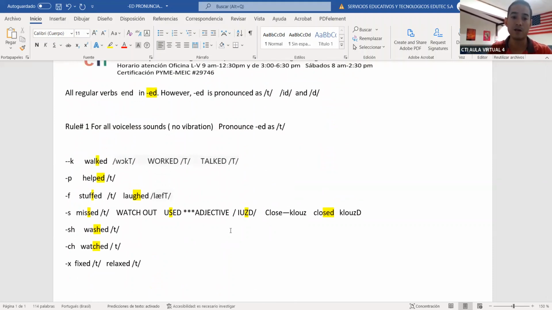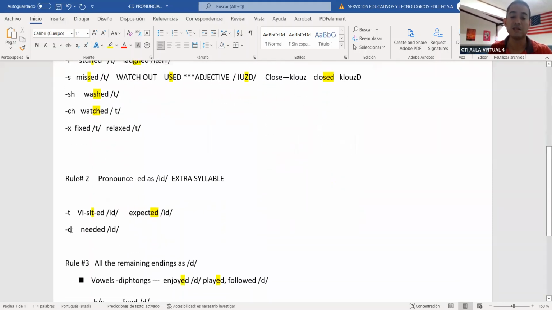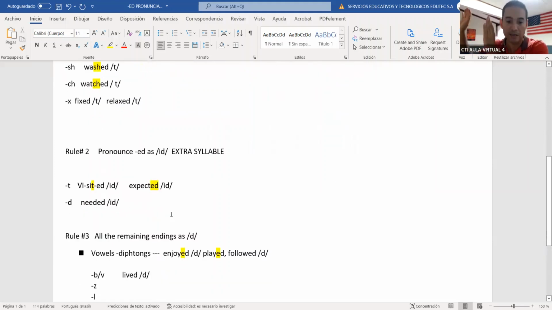Remember rule number 1: K, P, F, S, SH, CH, and X, you pronounce -ed as t. And rule number 2: T and D, -ed is pronounced as "id," the extra syllable. And all the remaining endings, you pronounce them with the d sound, okay?